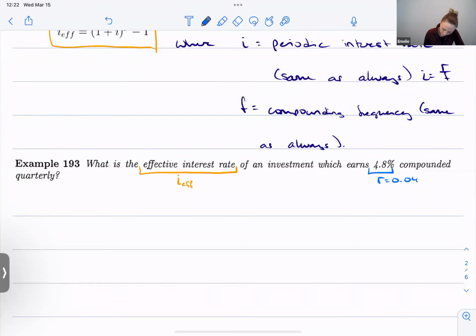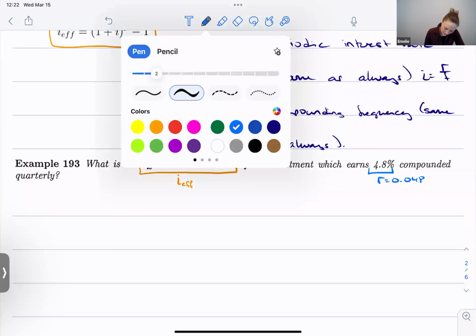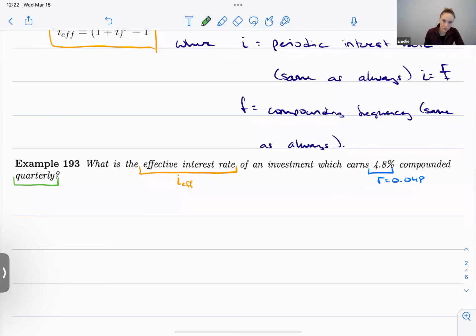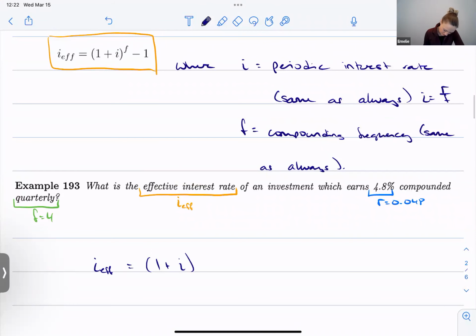R is 0.048, and quarterly means that F is 4. So the effective interest rate is 1 plus I to the power of F, then minus 1.